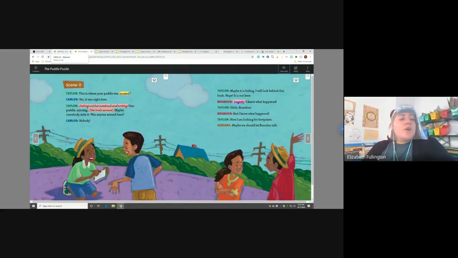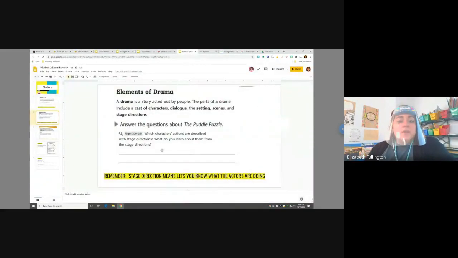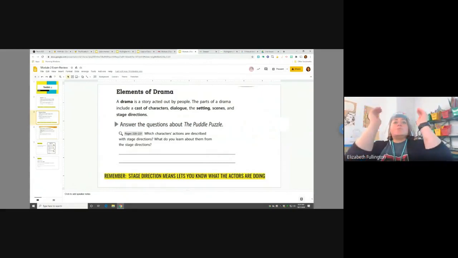So back to our PowerPoint slide. Our PowerPoint slide has a question that we need to answer. Which character's actions are described with stage directions? Ooh. So where in the story or in the drama does it give us directions? On this page, 220, we learned that the directions are in parentheses where the C's are.